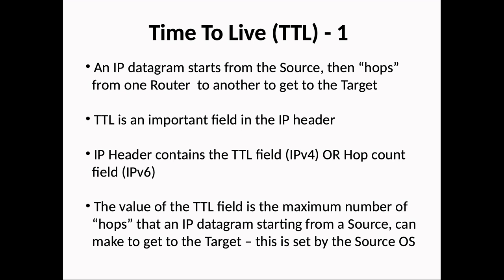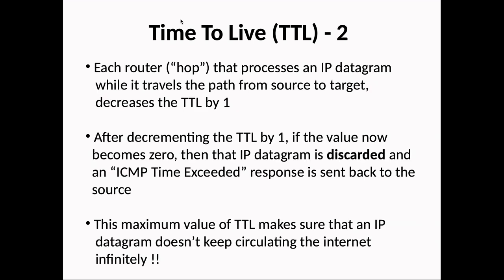As an IP datagram starts out from the source device towards the target device, assume the operating system on the source device set the value of TTL for that IP datagram to 64 and forwarded it to the directly connected first router.